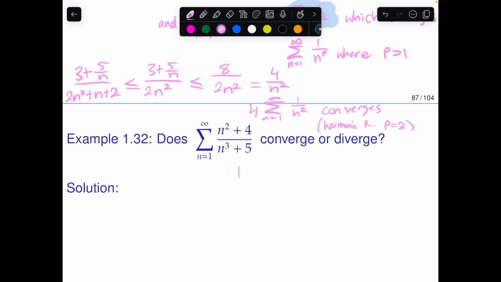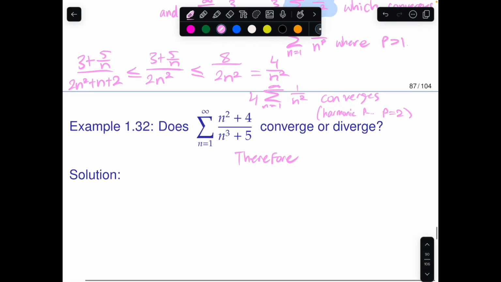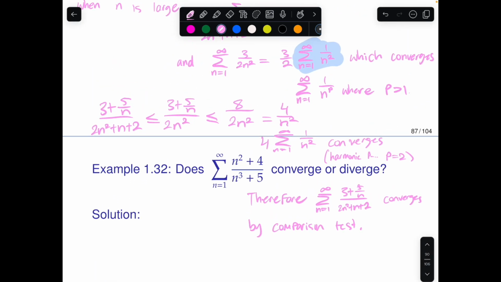And therefore our overall series, the sum from n equals 1 of (3 plus 5 over n) over (2n squared plus n plus 2), converges by comparison test. And that's just about it for the working for that question.